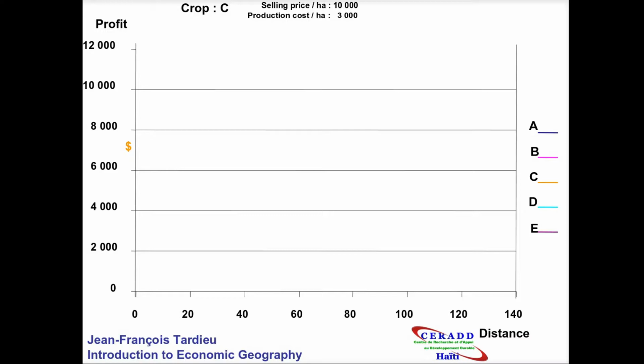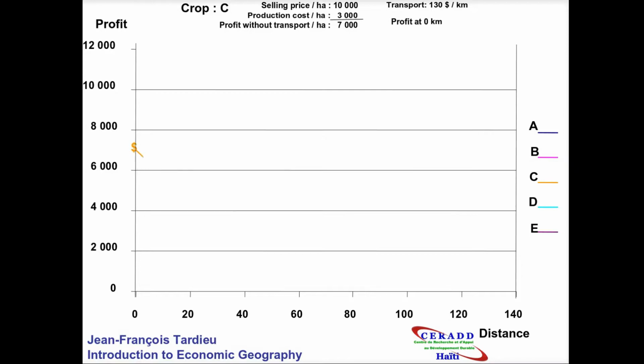With a transport cost of 130 currency units per kilometer, product C, grown in the vicinity of the city, will yield 7,000 currency units. At 10 kilometers, it will bring back 5,700 monetary units.